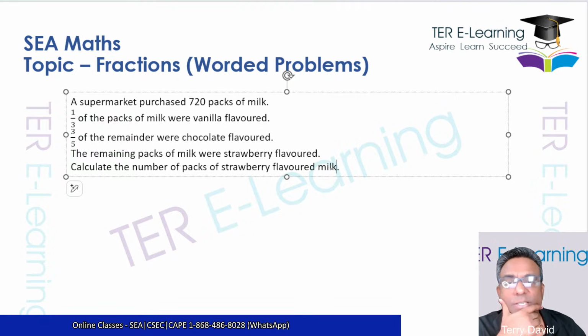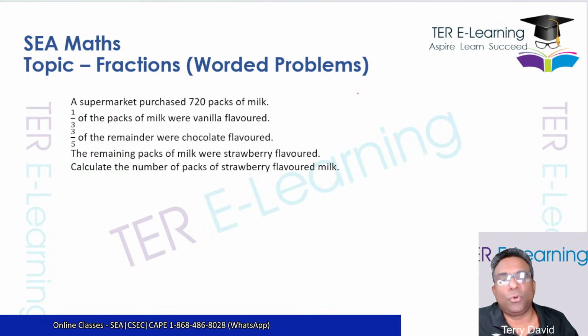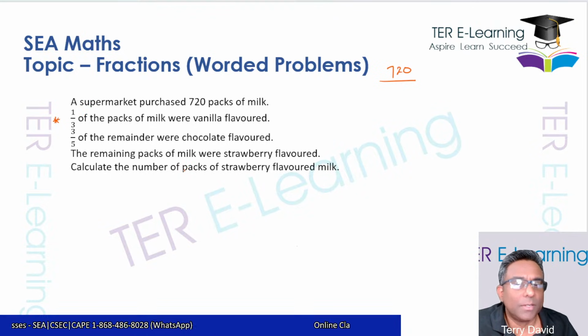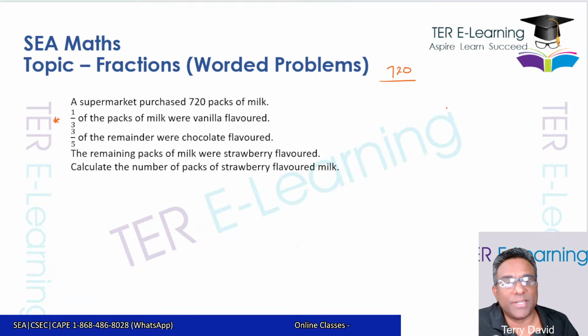All right, so let's see how we're going to do this here. So we have 720 to begin with, right? 720 packs. Now 1/3 of the milk is vanilla flavored. Now let's just draw a diagram here.